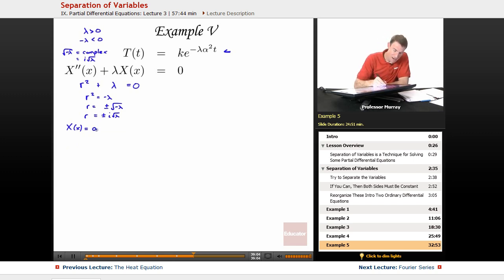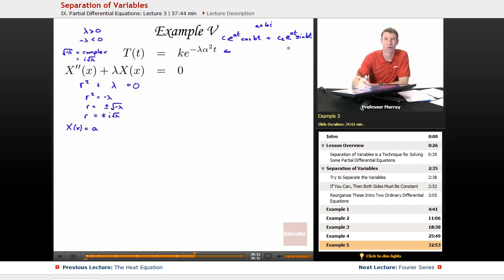So it's A times, well, remember if you have a plus bi, then you go e to the at times cosine of bt plus C2 e to the at times sine of bt.